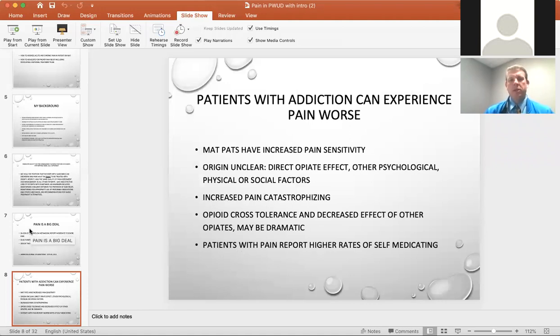Patients with addiction very commonly have chronic pain. I often say that addiction is cruel, and it's terribly cruel in many ways.